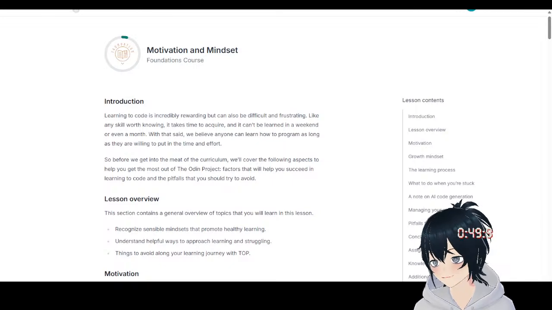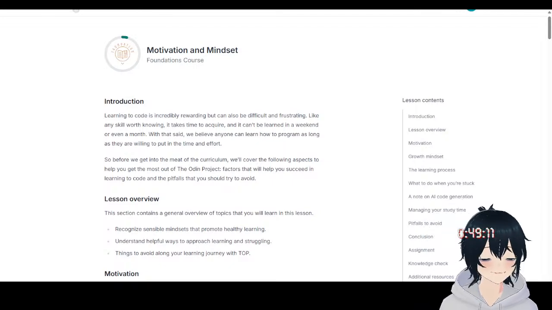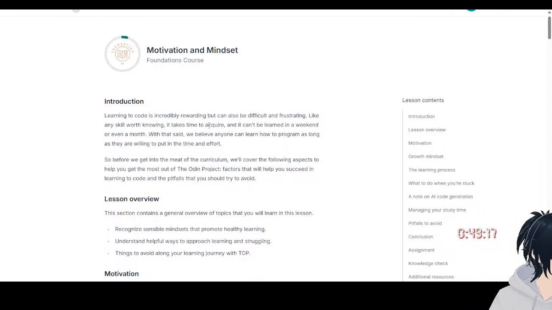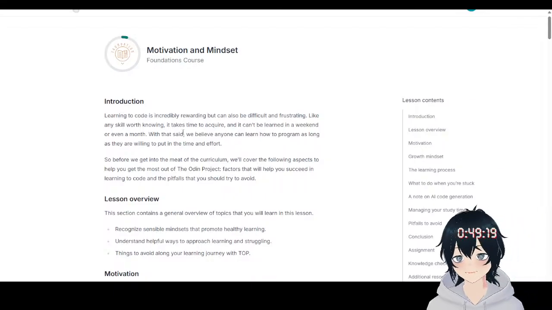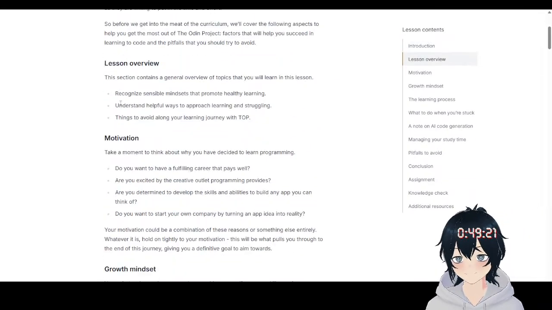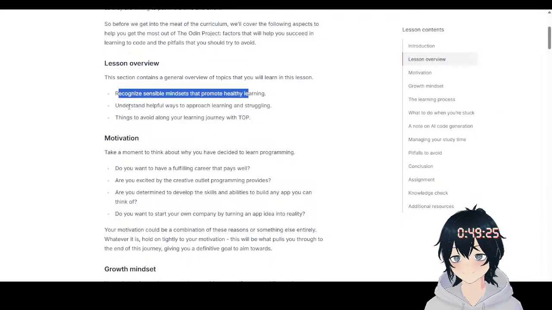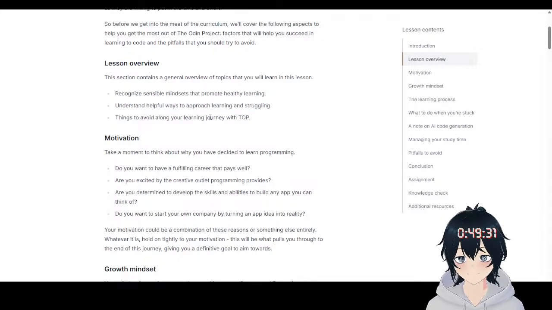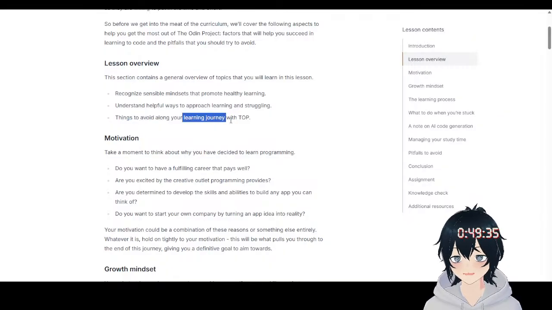Wait, if I click this, okay. Takes time to acquire. Recognize sensible mindset, promote healthy learning. Helpful ways to approach learning and struggling. Things to avoid along your way. Okay.